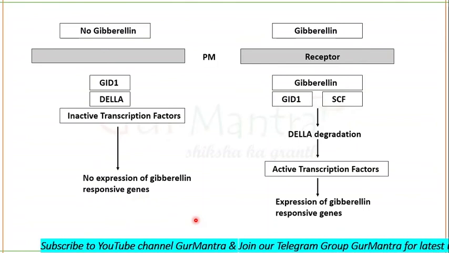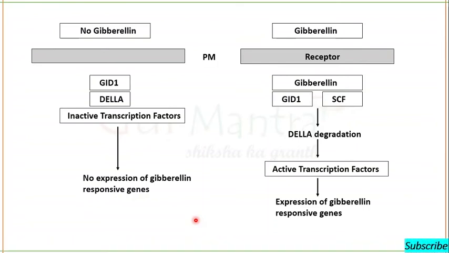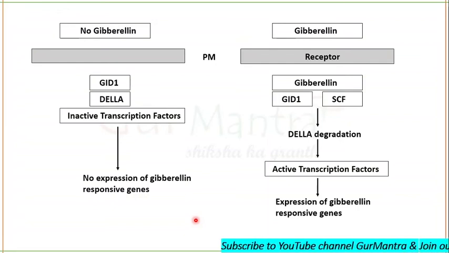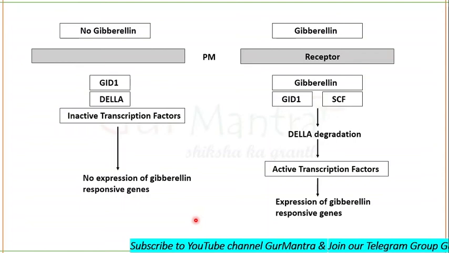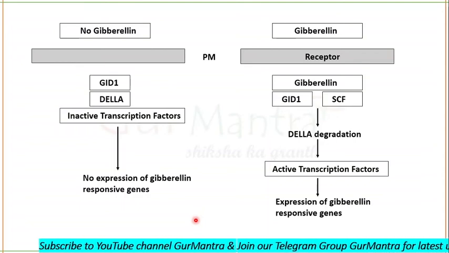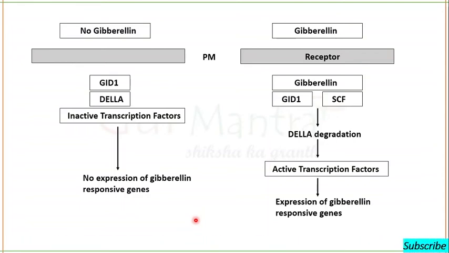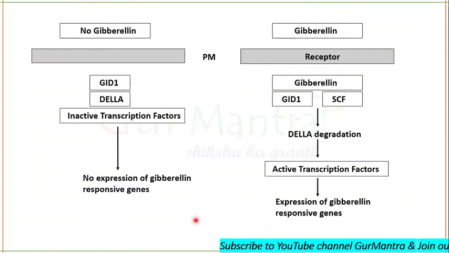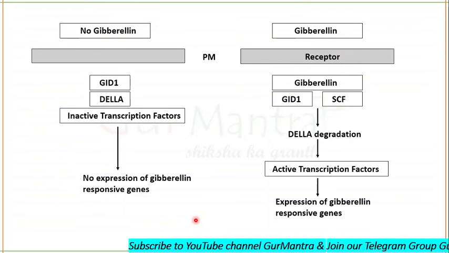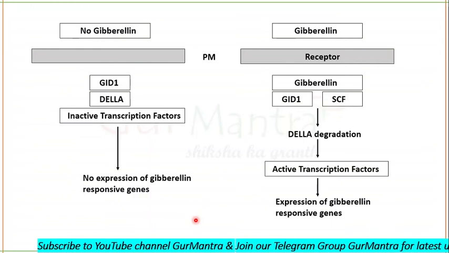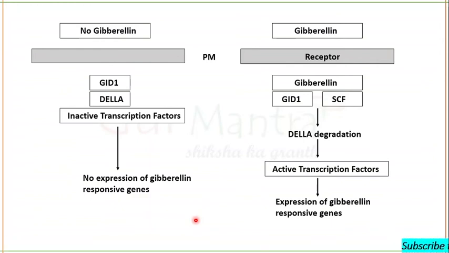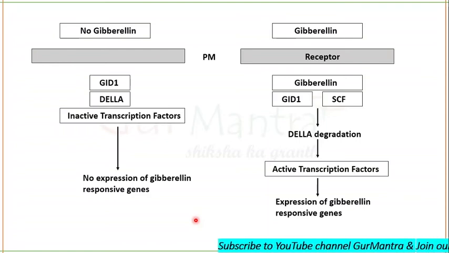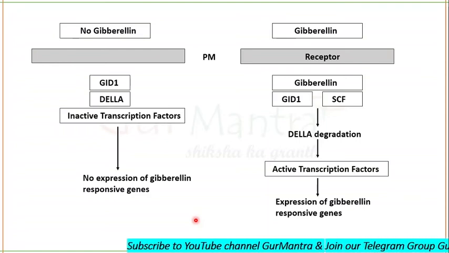But when gibberellin is present, GID1 will bind to the DELLA proteins, and because it is an F-box protein, it will cause the ubiquitination and then degradation of the DELLA protein. When DELLA protein has been degraded, transcription factors are now activated, then there will be the expression of gibberellin responsive genes. This is all about the signaling pathway of gibberellin.